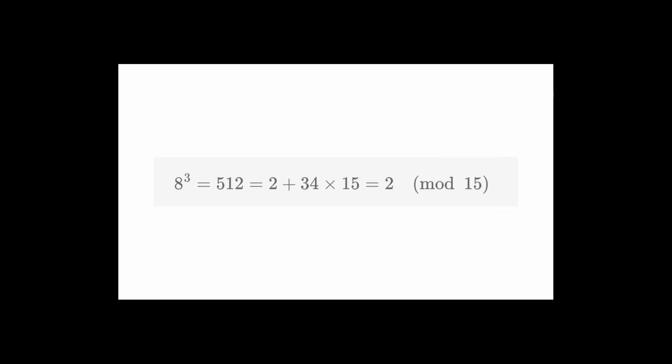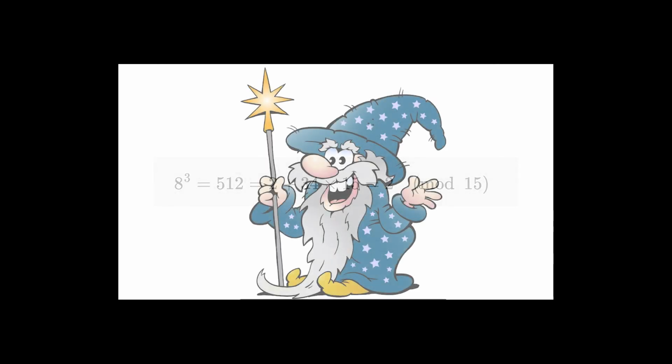So now we have to reduce that to an element between 0 and 14, and we notice that 512 is 2 plus 34 times 15. So we drop the 34 times 15, and the result is 2, which is the same as the original message.